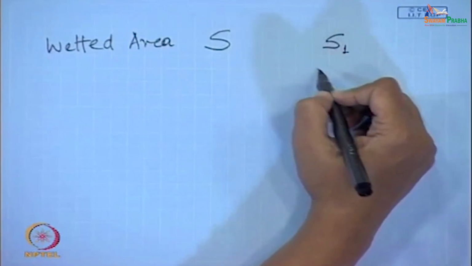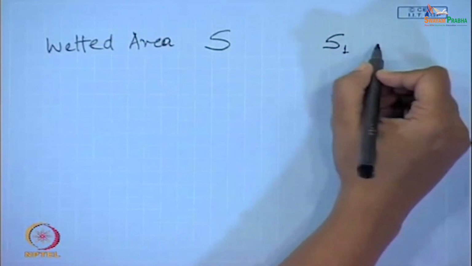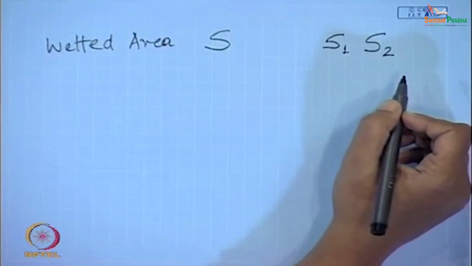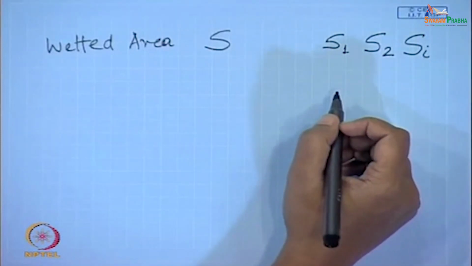S1 denotes the area in which phase 1 is in contact with the wall. We would have S2, the area in which phase 2 is in contact with the wall. In addition, we are going to have an SI, the interfacial area as well.